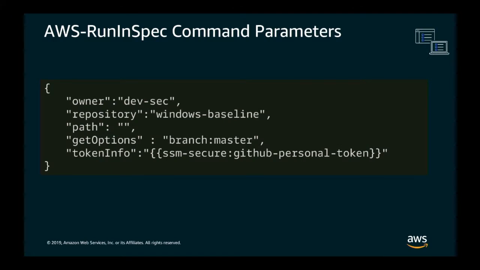You can see that information here, hopefully a little bit better. So that's the GitHub owner. That's the repository name. Then you can define the branch, and then you define the token that you can store in Parameter Store, how to actually connect to GitHub. That's the credential information. And then once you define that in a Run Command or State Manager execution, you can just execute it, ad hoc, or like I said, scheduled.